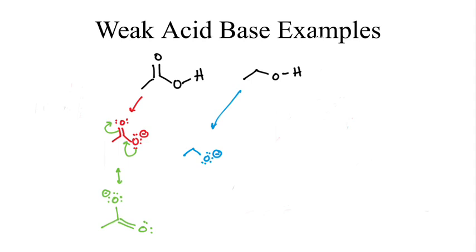What does that mean? This negative charge is being dispersed across more atoms. We've given it a larger space to exist. More space means less reactive, which means more stable, which then means the acid, our starting structure, is the stronger acid.